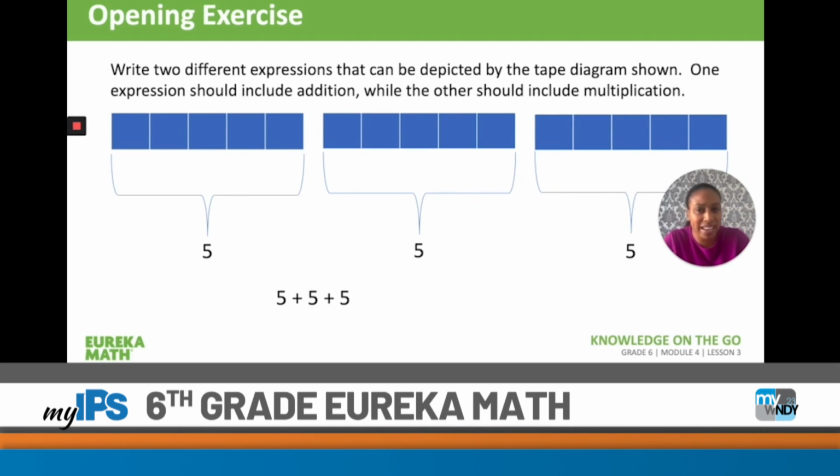How can I write that now as a multiplication expression? Three times 5. Since both expressions are represented by the same diagram, can we say that 5 plus 5 plus 5 and 3 times 5 have the same value?